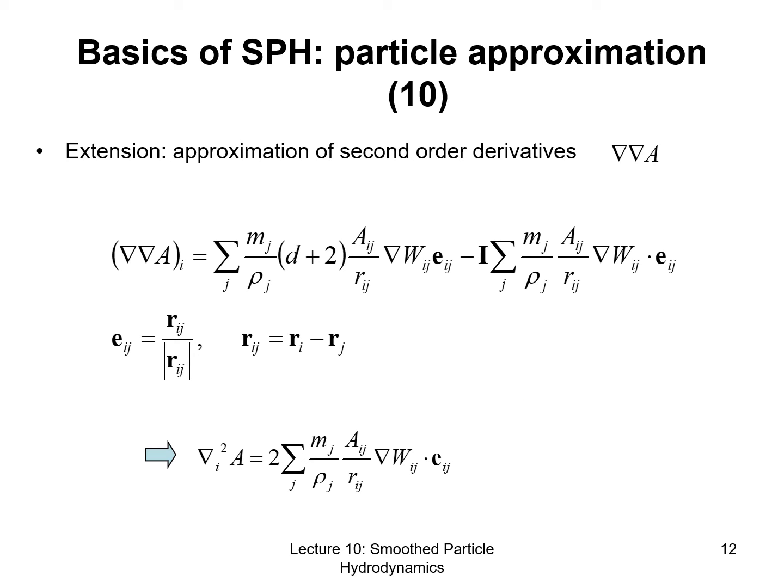If one particle is i and the other is j, then you have r_ij equal to r_i minus r_j, a vector, and e_ij is the unit vector of this.